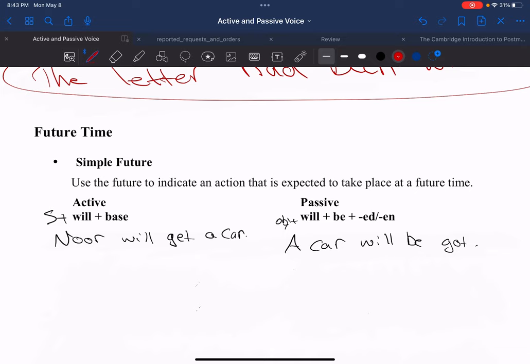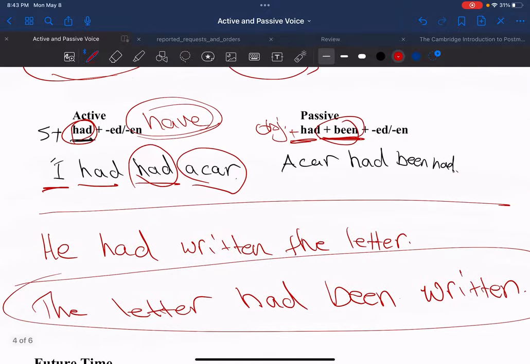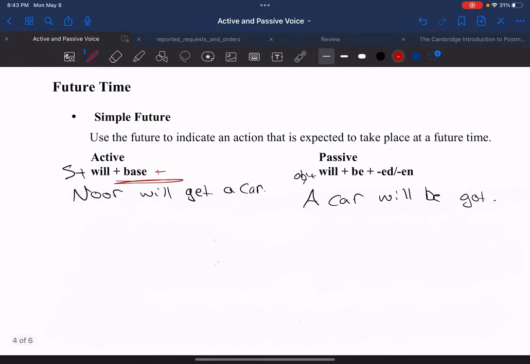For simple future, you have subject plus will plus base. Of course, after each of these things, you have your object, which is what you need to work with in your passive and active states. Now, the sentence we have is Nui will get a car.